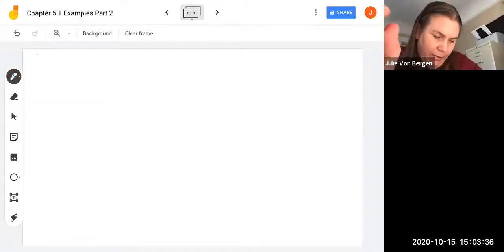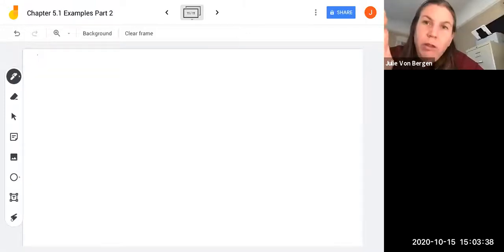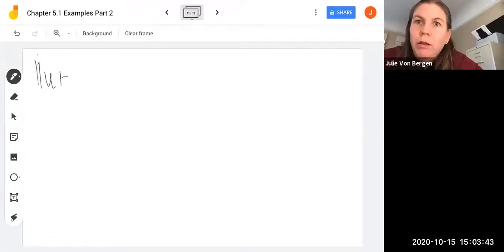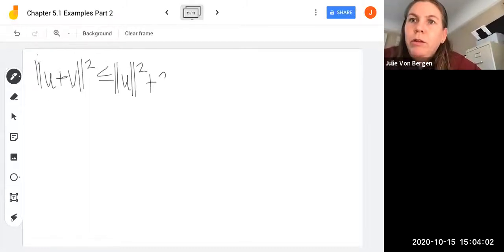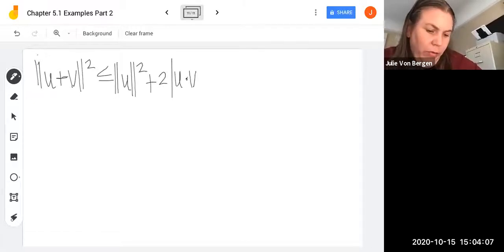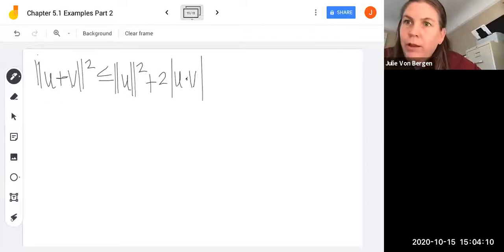So we are going to have, now, that the norm of u plus v squared is less than or equal to the norm of u squared plus 2 times the absolute value of the dot product of u and v plus the norm of v squared.